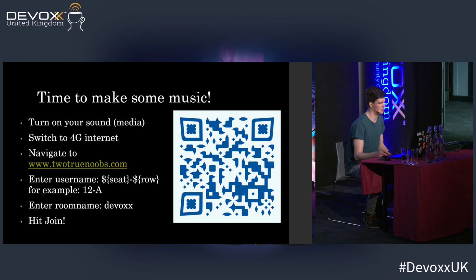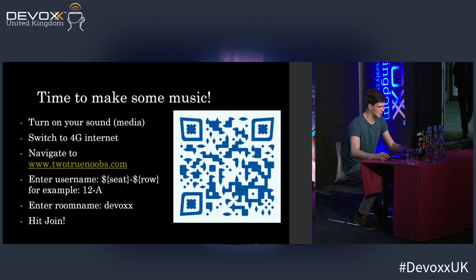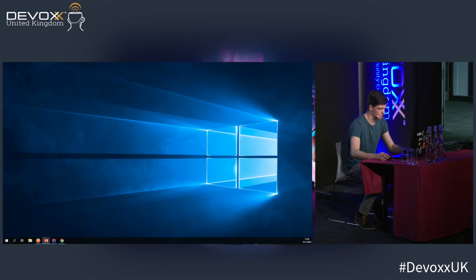So you're going to make a little bit less nice music. Then you're going to navigate to my website. You're going to enter your seat number with a dash and then your row should be a letter. It starts with an A from the front, and it's displayed in between the seats over there. And then you enter the room name, which is Devox, and then you hit join.